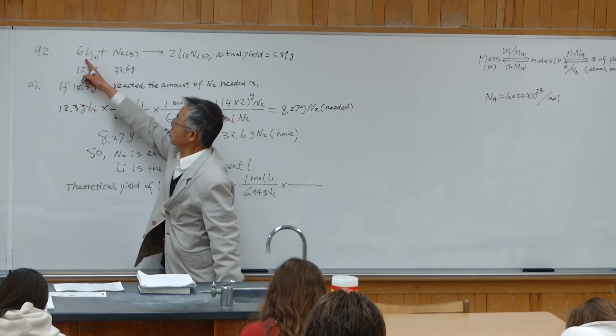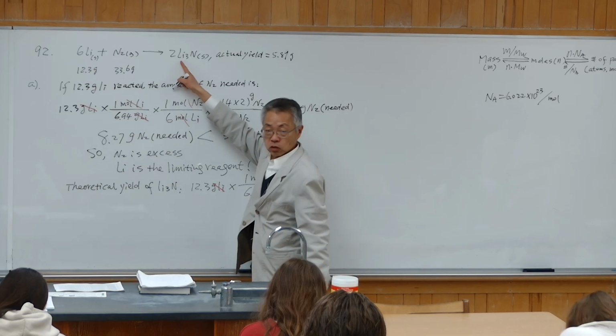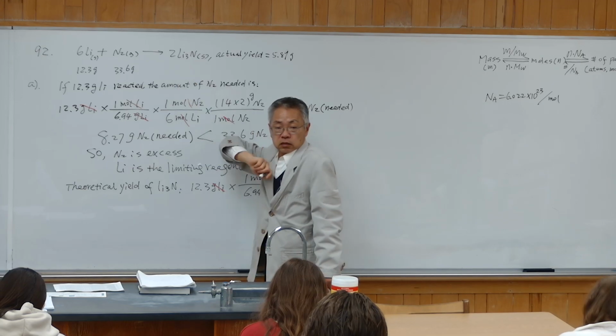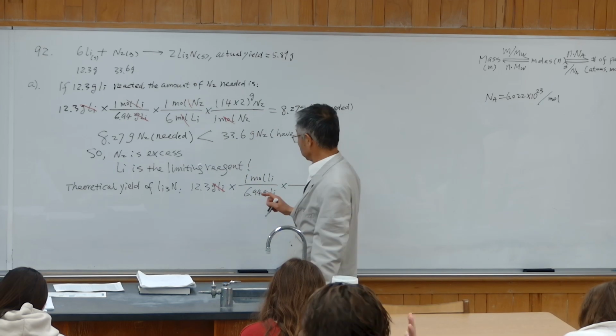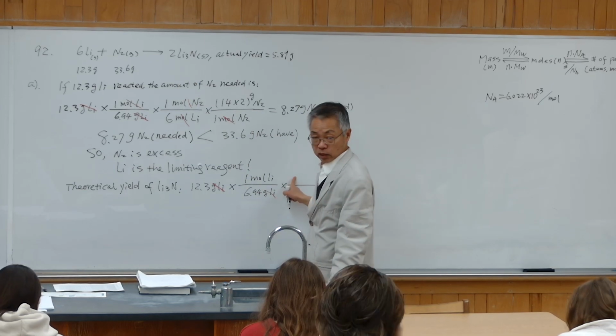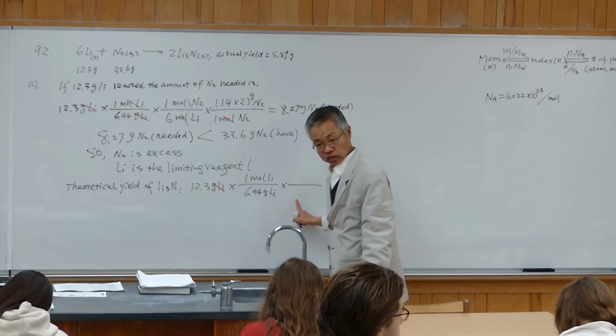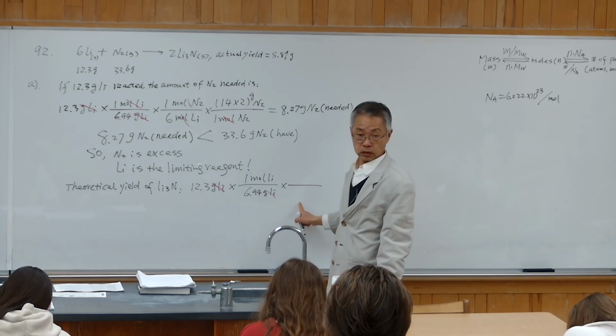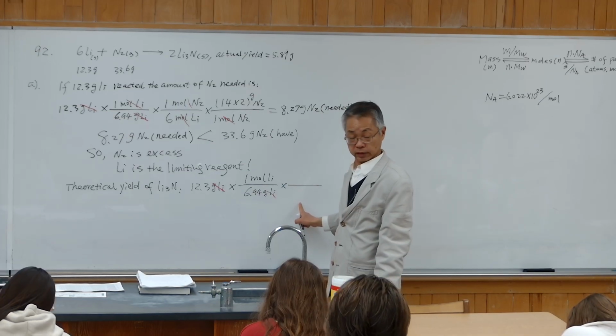Every 6 mole lithium only produces 2 mole lithium nitride. Do you put the 2 mole lithium nitride in the numerator or in the denominator? This is critical.